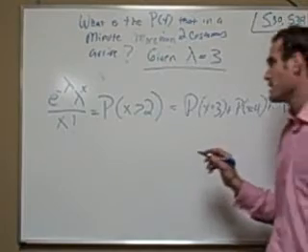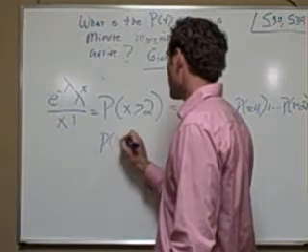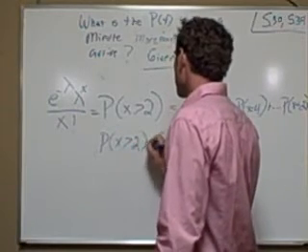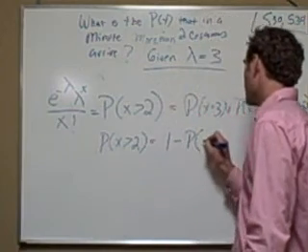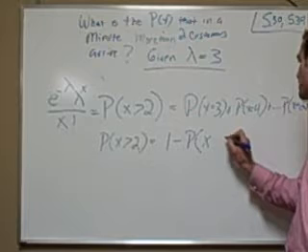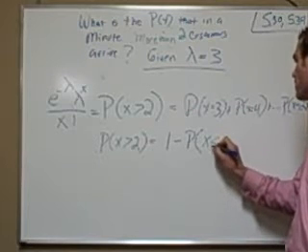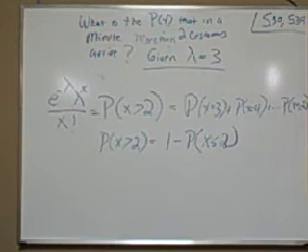We can simplify this to say that the probability that x is greater than 2 is equal to 1 minus the probability that x is less than or equal to 2. Okay?